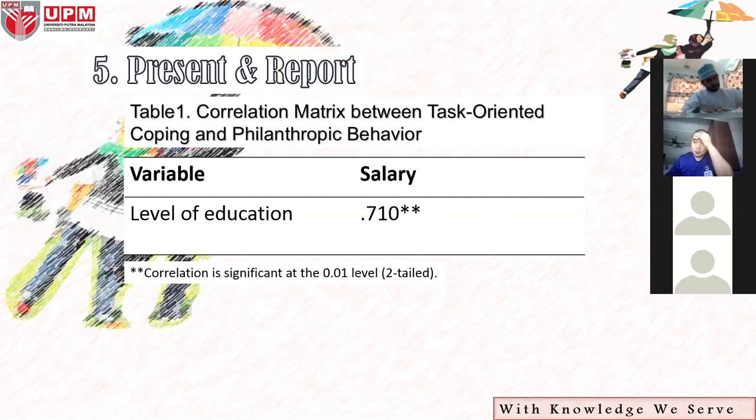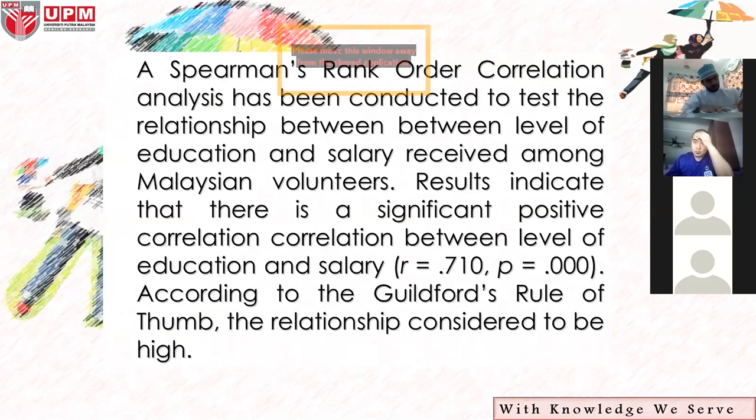Okay. Ini soalan 1. So to present the result similar to Pearson product moment correlation: a Spearman rank order correlation analysis has been conducted to test the relationship between level of education and salary received among Malaysian volunteers. Because in this study, the volunteers here do not permanently work as volunteers.